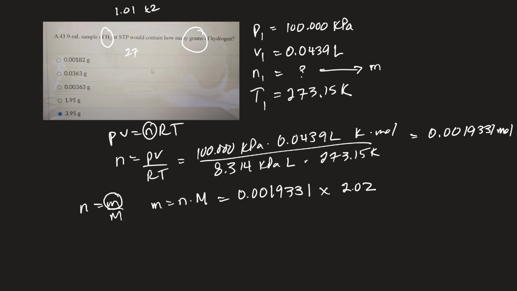My other answer times 2.02, so I'm getting 0.00390485 grams. Round it to, looks like I have 3 sig figs, 0.00390.